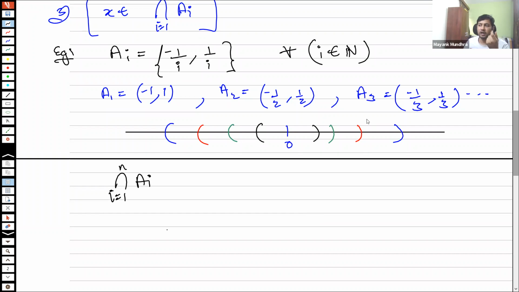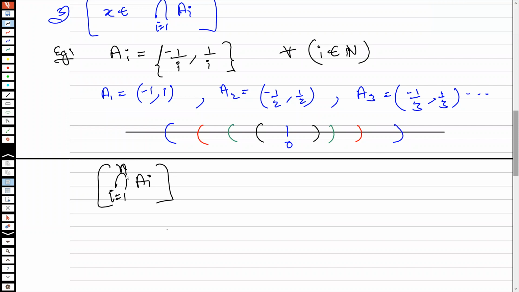So if I take a finite intersection from 1 to n, what is the final set going to be? The intersection of these n sets, for some n like 10, 100, whatever. So minus 1 by n to 1 by n.